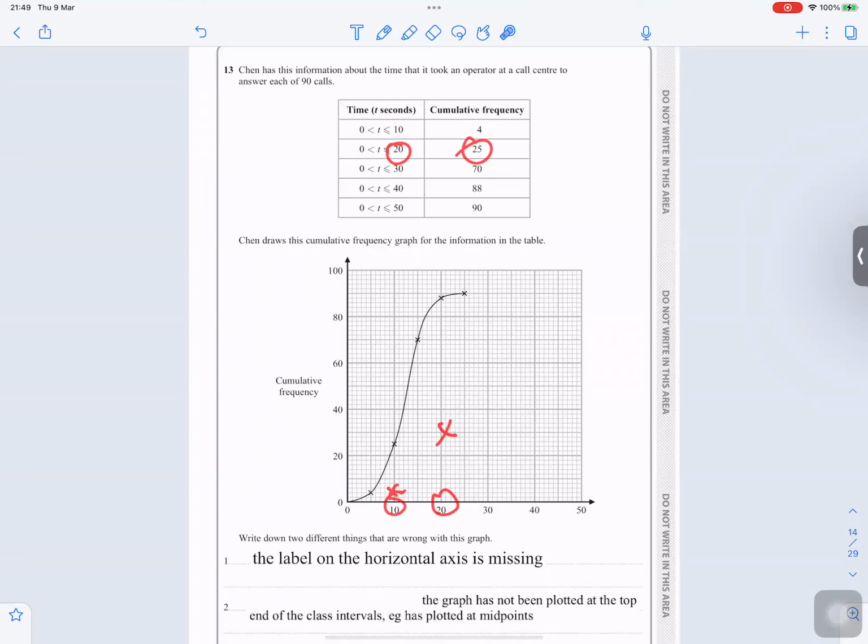Should be plotted at the top end. 30 and 70. But they've plotted it somewhere else. So the graph has not been plotted at the upper class boundaries. They have used the midpoints. They use 5 instead of 10. They use 10 instead of 20.